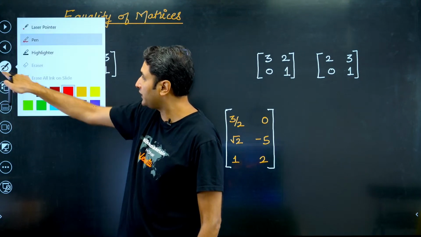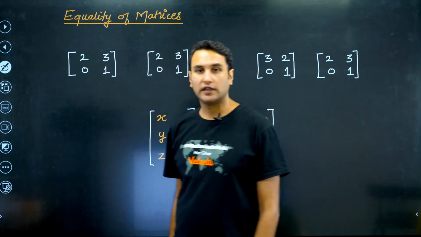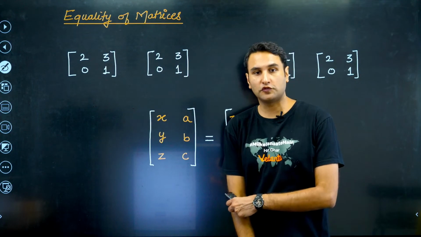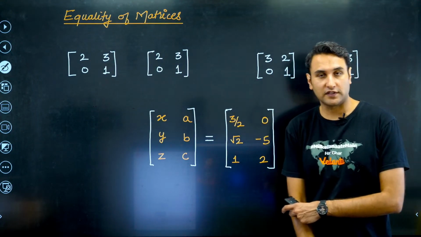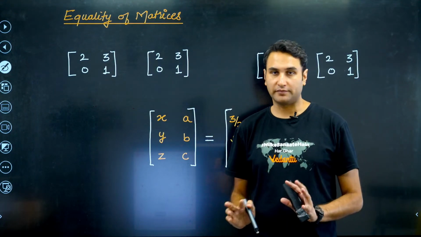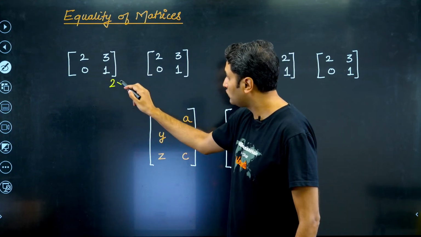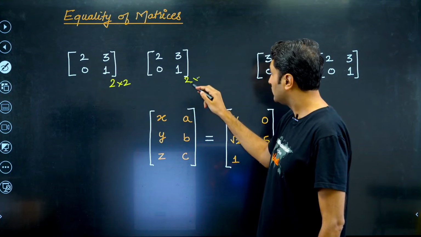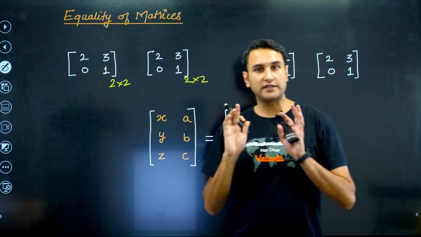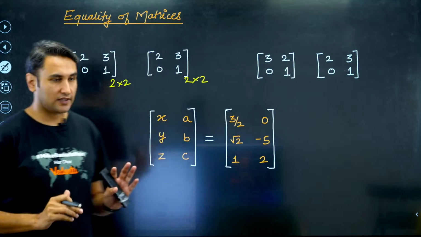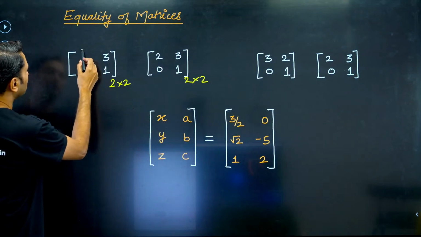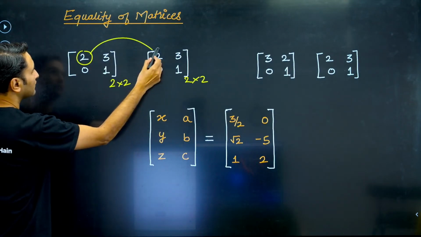Very simple. We say two matrices are equal when their corresponding elements are also equal. First of all, for the equality of matrices, their order should be same. So we are talking about these two matrices. Their orders are 2 by 2, 2 by 2. So order should be same. If the order is same, then look at the corresponding elements.